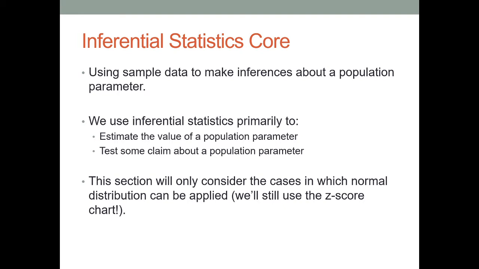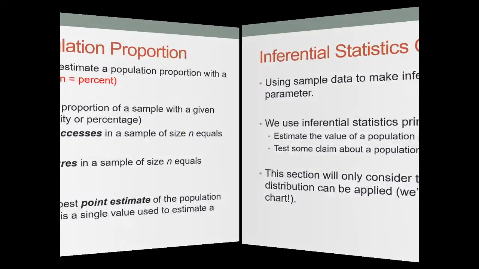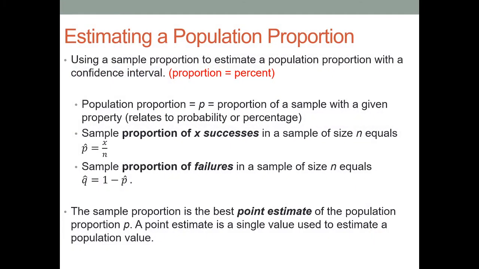So we're going to be considering data that follows a normal distribution, like we have been. And the first parameter we're going to talk about is the population proportion. Actually, it's a little different than average. A proportion is basically the percent of a population that fits a certain characteristic. For example, the percent of people in the population who own a dog, or who are male, or who own a home.